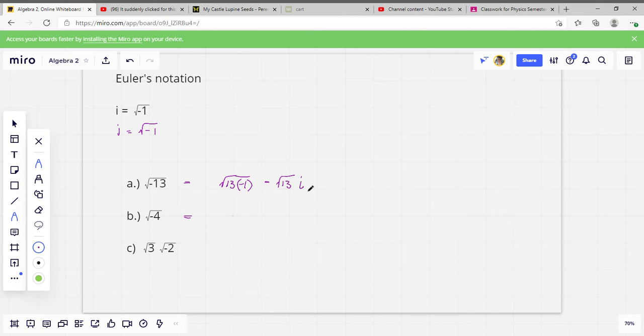For this one we would say the square root of 4 times negative 1, and we know the square root of 4 is 2, and the square root of negative 1 is i, so that would be 2i. For this one, 3 times 2 is 6, so that would be the square root of negative 6, which would be the square root of 6 times the square root of negative 1, which would be the square root of 6 times i.